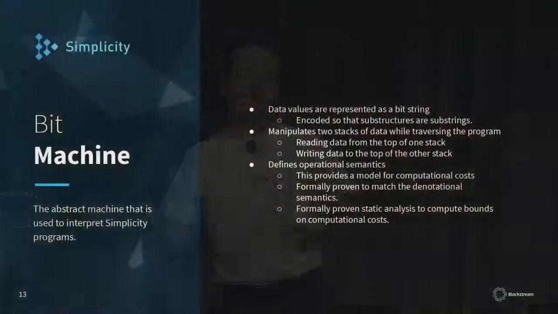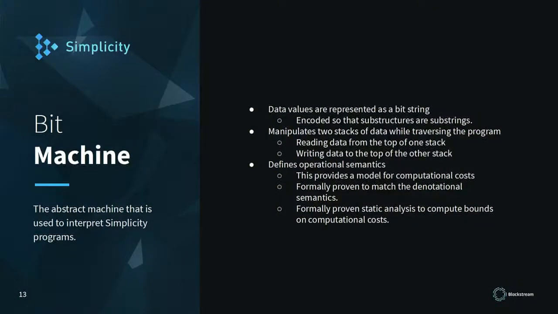To implement the simplicity language, we define this abstract machine that I call the bit machine. And the bit machine is basically a specialized abstract machine designed for interpreting or evaluating simplicity programs, right? So all those data values, they're encoded as bit strings.